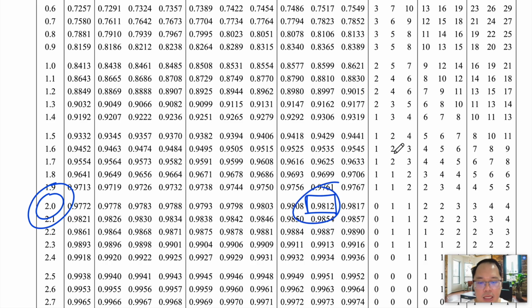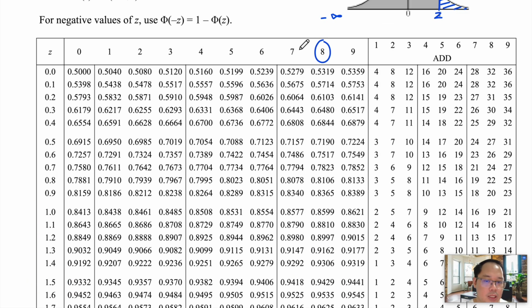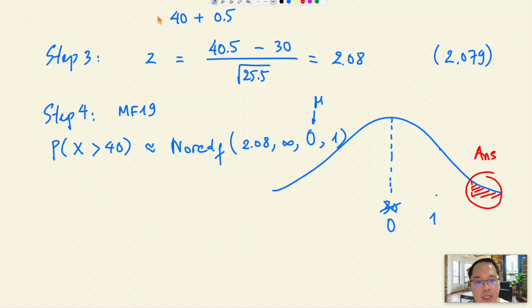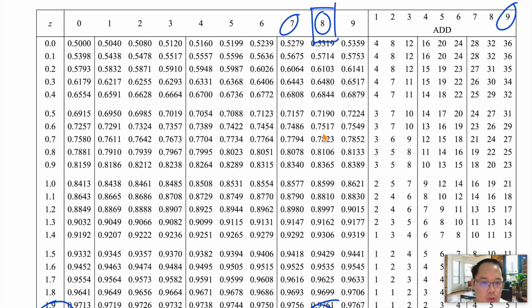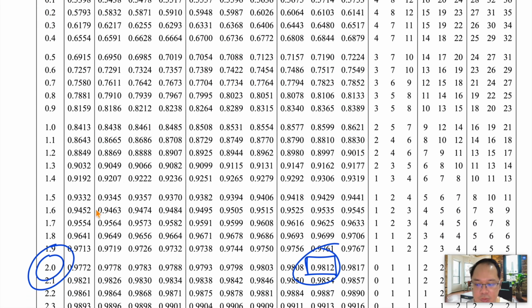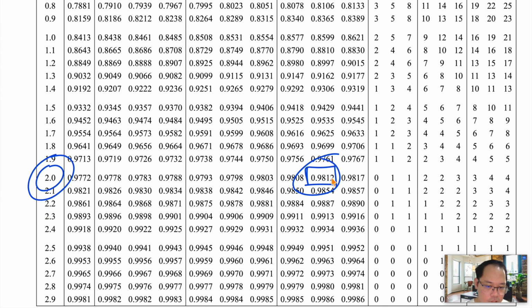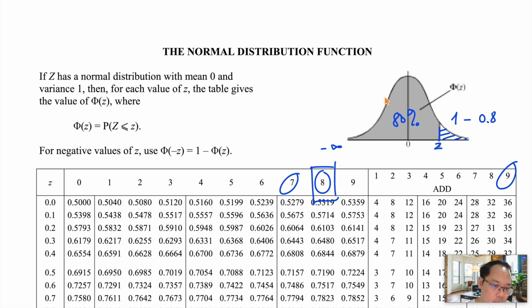Or we can take 7 and 9 here, but because it's extremely close to 2.08, I would just use this column 2.08, and this is the probability 0.9812, which means the whole area on the left here is 98.2%. Okay, and the answer will be 1 minus 0.982.